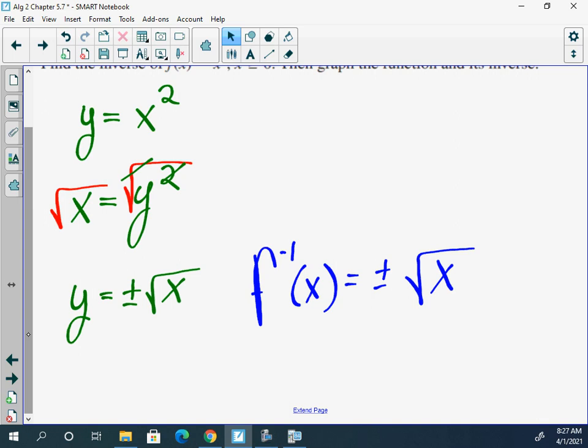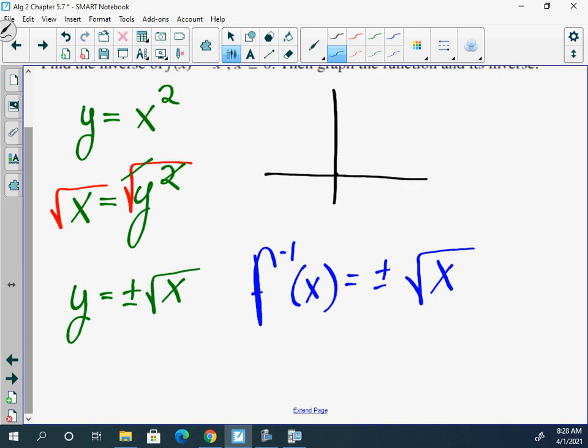Now, there's a reason I showed you the graph and looked at how the graph of our original function looked. Because our original graph, and I can draw it back in here, really was this here because we didn't have the other half. Yes?